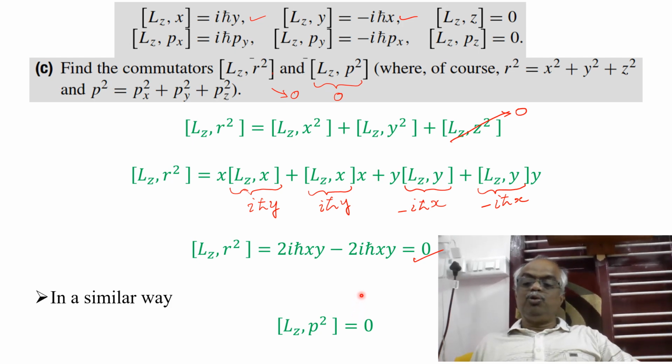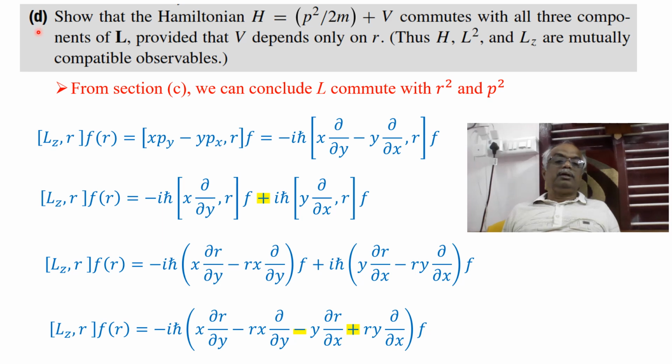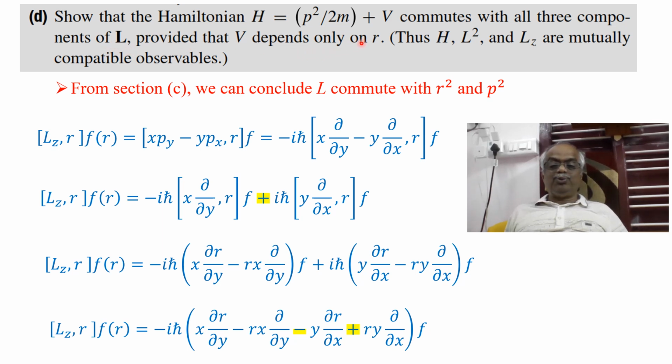Now we will move on to section D. Show that the Hamiltonian H, which is equal to p squared over 2m plus V, commutes with all three components of L, provided V depends only on R. Thus H, L squared, and Lz are mutually compatible observables.